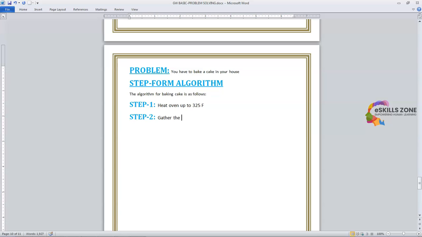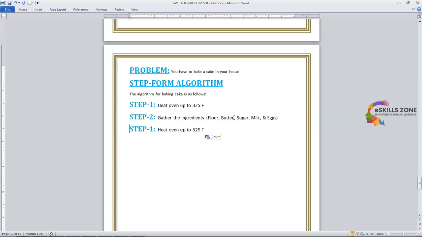Gather the ingredients, and then the ingredients involve, like, I'm gonna just type them in the bracket: flour, butter, sugar, milk, and eggs.